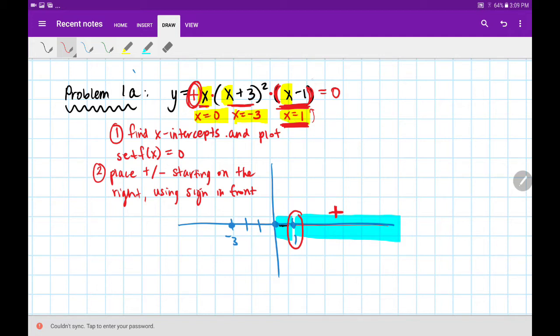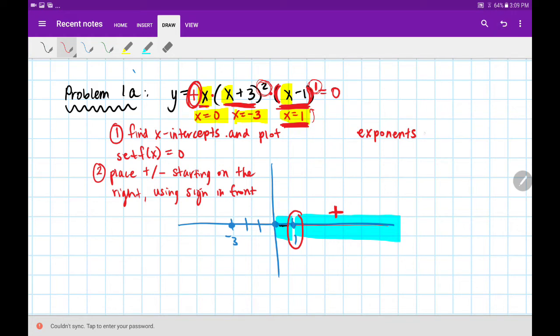We're interested in the exponent of this factor. Since there is no exponent up here, for example, this one has an exponent of 2. This factor has an exponent of 2, but x minus 1 doesn't have an exponent. So when there is no exponent, you automatically will fill in a 1. Now, why is that important? Well, the exponents will tell us if we're going to flip the sign, so if I'm going to become negative, or if I'm going to keep the sign that was up here, so if I should stay positive.